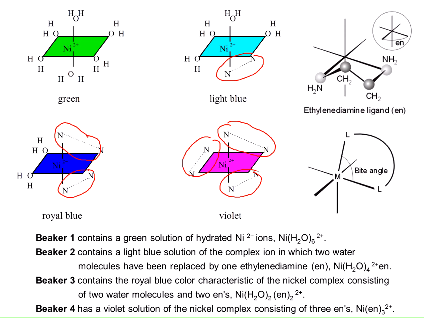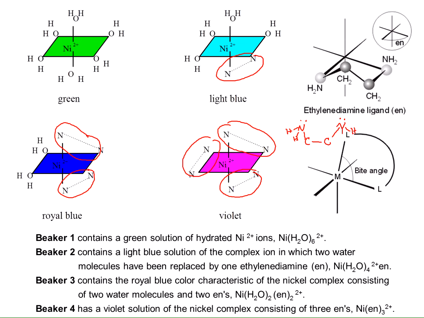Now, ethylene diamine is a ligand that contains a nitrogen, a carbon, another carbon, and another nitrogen. Both of those nitrogens have lone pairs. And I'm going to put the hydrogens on there.